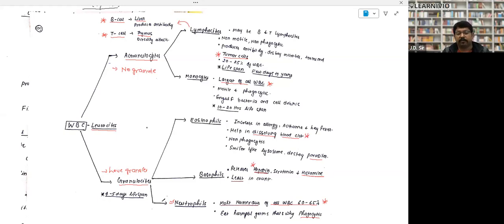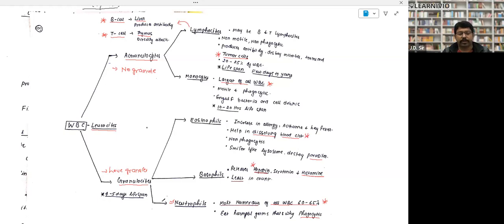Our body has self-healing and self-defense capability. These lymphocytes can naturally kill the cancer cells or tumor cells. They are 20 to 25% of WBC in every blood sample, and their lifespan is a few days.